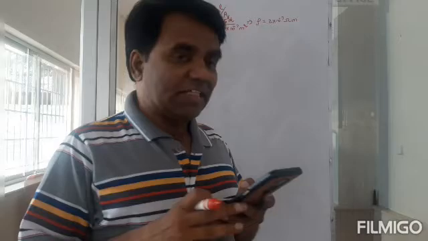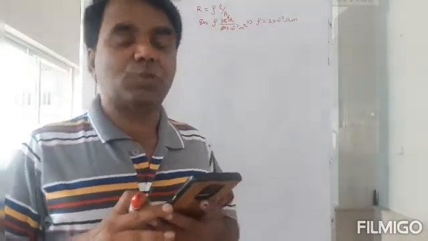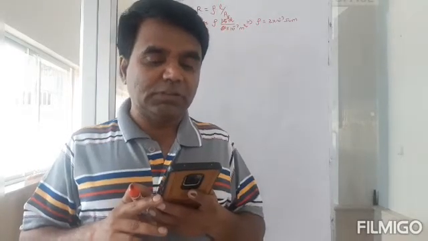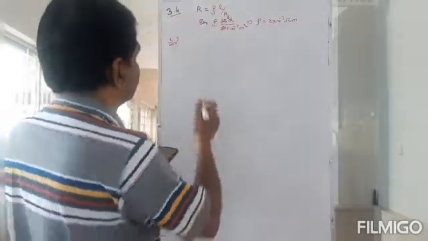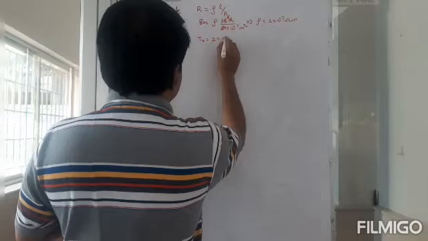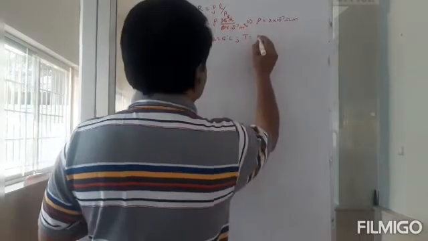3.7 is a silver wire has a resistance of 2.1 ohms at 27.5 degrees Celsius and a resistance of 2.7 ohm at 100 degrees Celsius. So determine the temperature coefficient of resistivity of silver. Well, there are two temperatures. One temperature is T naught, that is 27.5 degrees Celsius, and then T, that is 100 degrees Celsius.